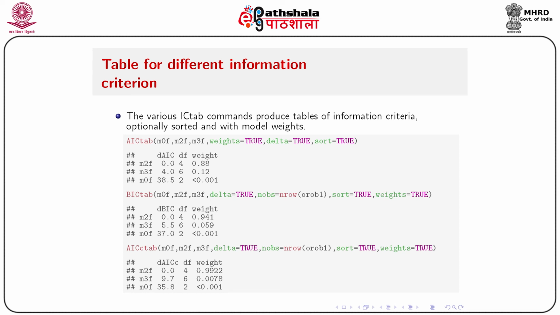And then again you can get BICtab for the same three models, with delta = TRUE, nobs = nrow(ORB1), sort = TRUE, weights = TRUE. So here you will get the dBIC, degrees of freedom, and weight. Similarly, AICc tab also provides you the values as dAICc, degrees of freedom, and weight.